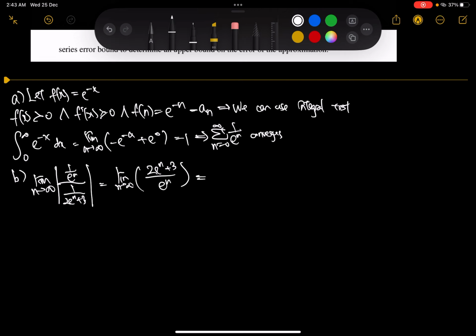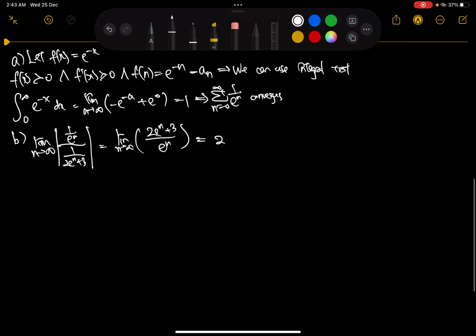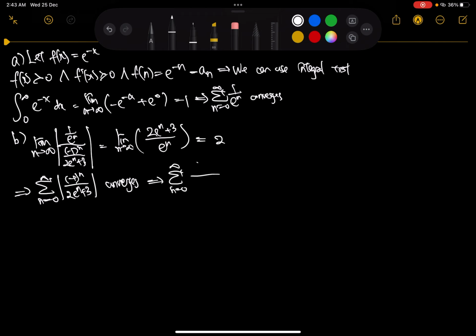Which I believe is just 2. This implies the limit exists, which implies this converges, which implies this converges absolutely.